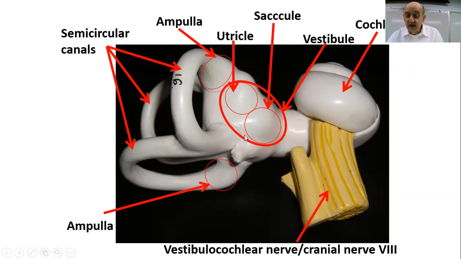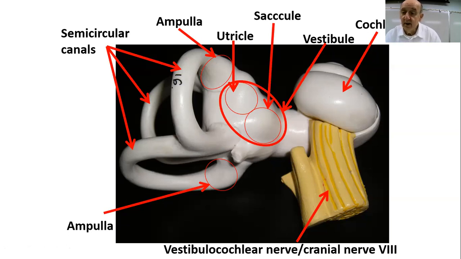So the inner ear has 3 parts: cochlea, vestibule, and semicircular canals. What we're going to see at the very end of the lab is that there are sensory receptors in the vestibule, in the ampulla portion of the semicircular canals, and in the cochlea.